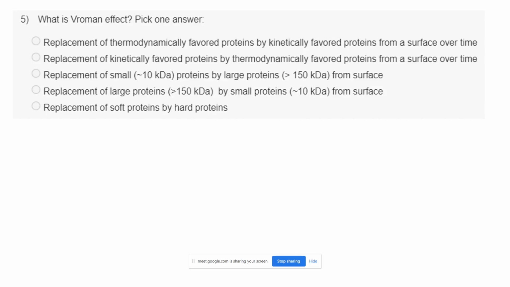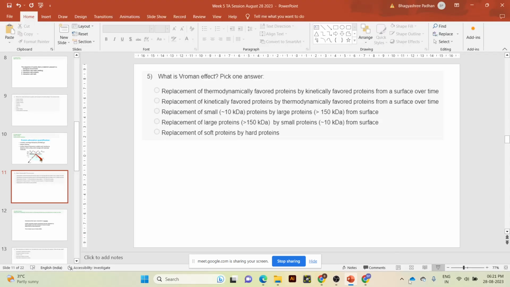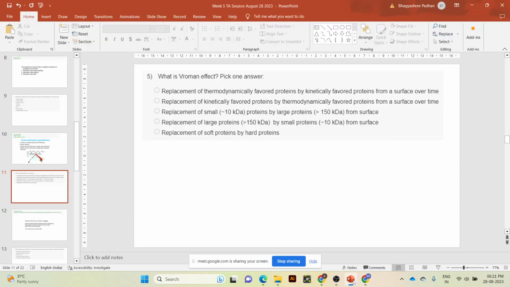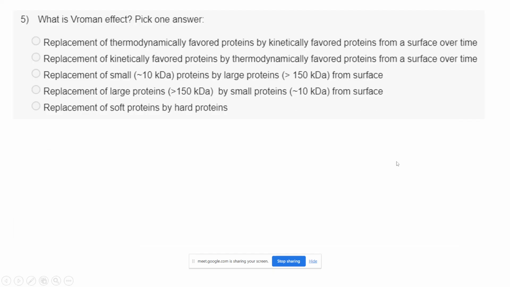Option B, ma'am. Okay. Anyone else would like to answer? What is the correct option for Vroman effect?